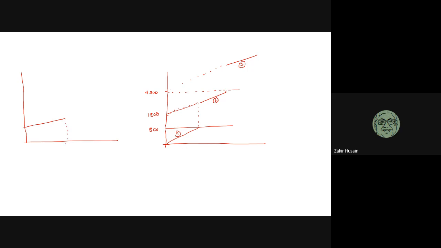So this is the sales, 10, 15. Yeah, this is the point.